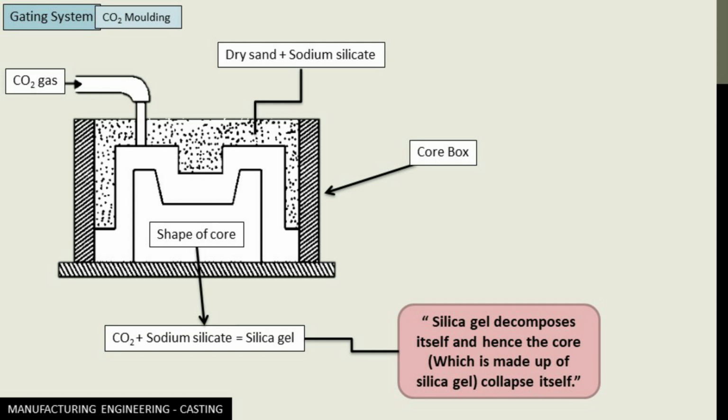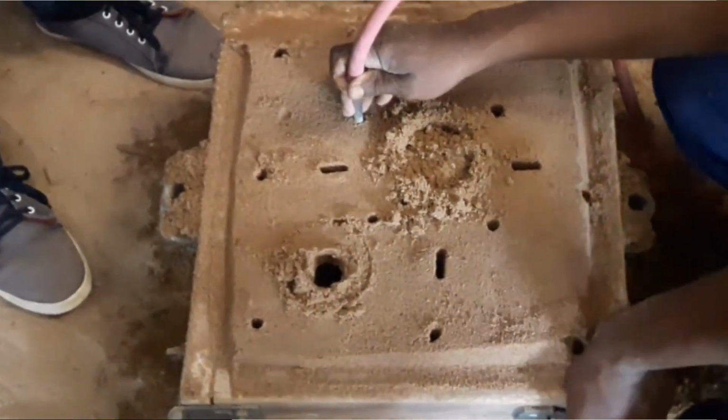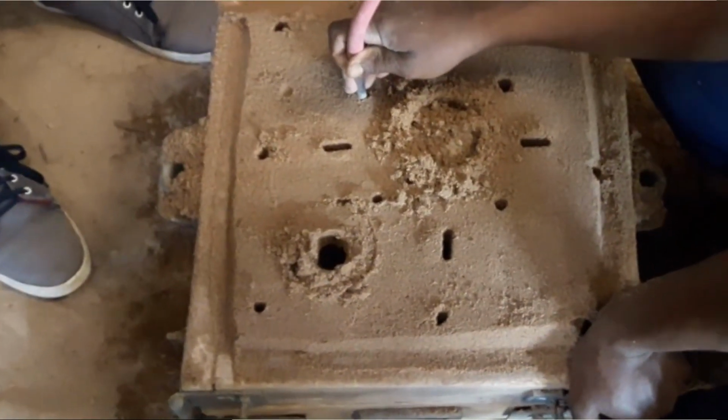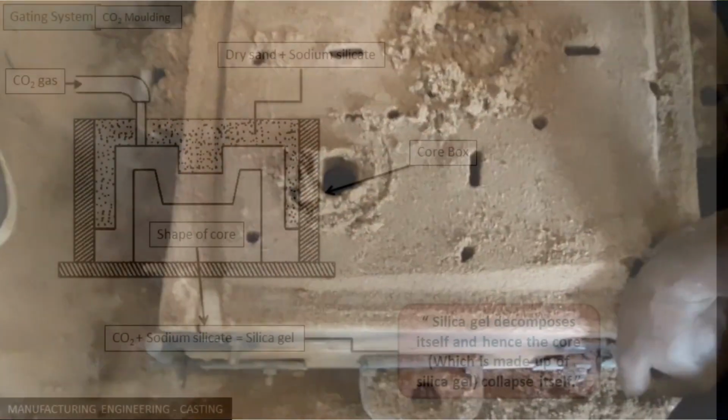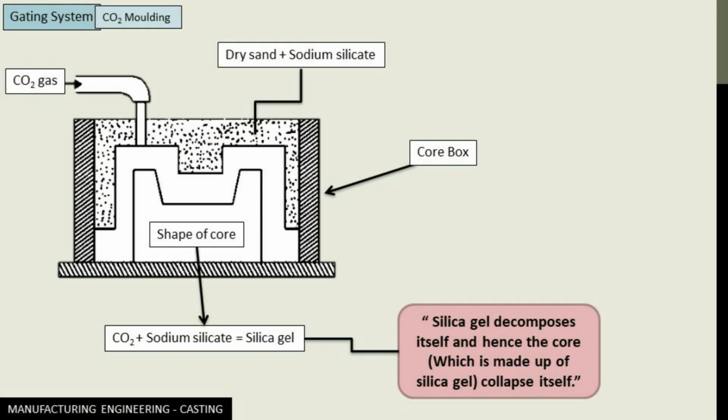We had a small discussion about CO2 molding when we were talking about types of sand molds. But there we talked about making a CO2 mold. Here we are making a core using the carbon dioxide molding technique. Now in CO2 molding, dry sand is filled inside the core box.